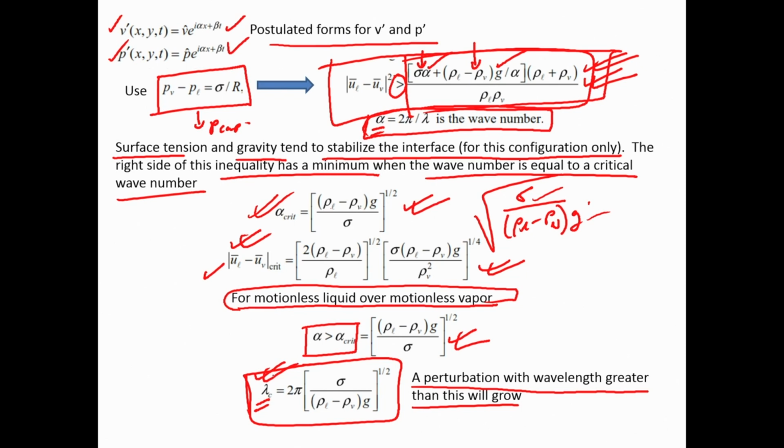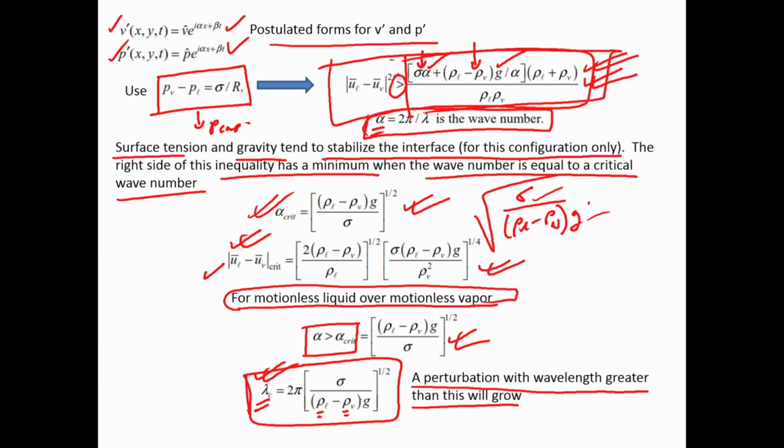Look at one particular thing, a perturbation greater than this wavelength, that is the key clause over here. So, when rho L and rho V become very close to each other, that means you are dealing with water and something a little bit denser than water, what will happen in that case? This lambda c will be a very large quantity.